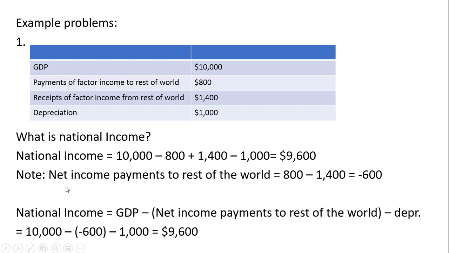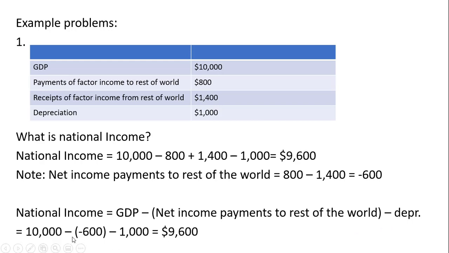One thing to note here, if you wanted to calculate net income payments to the rest of the world, as we mentioned on the previous slide, it's just 800 minus 1,400, which is minus 600. So we could also write national income equals GDP minus net income payments to the rest of the world minus depreciation.